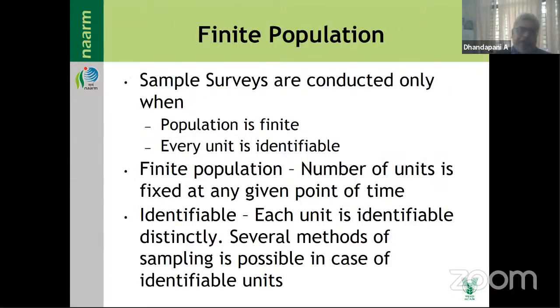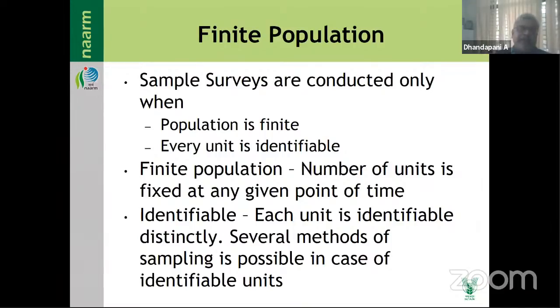Now, when we talk about a sample survey or the sampling technique, how to select the sample, I told you about survey data, but one more important consideration is that we treat the population about which we are studying as finite in number.